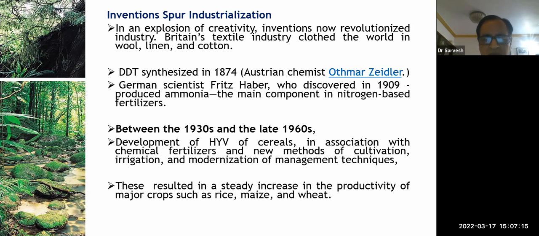High-yielding varieties of cereals were introduced, though there was a huge demand for chemical fertilizers, and methods of irrigation were also quite intense, and modernization of technology came into being to enhance production. Productivity really increased in three grains: rice, maize, and wheat.